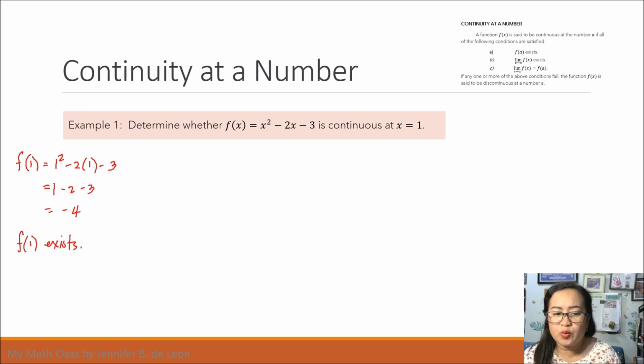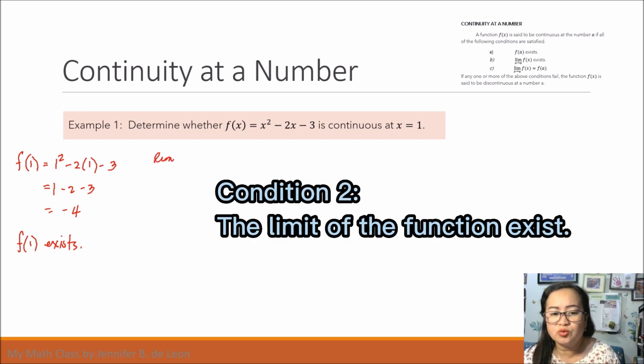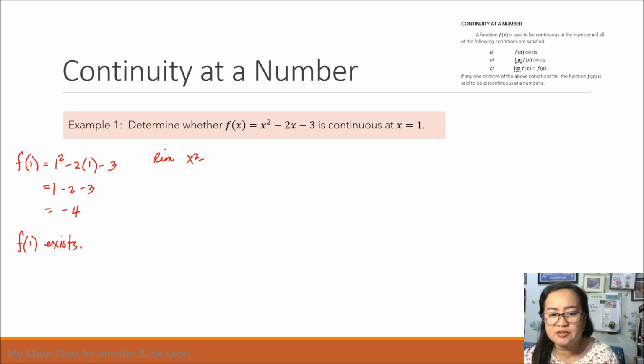Now let's show whether the given function satisfies the second condition. We show that the limit of x squared minus 2x minus 3 as x approaches 1 from the left is equal to the limit of x squared minus 2x minus 3 as x approaches 1 from the right. Now we evaluate the given function at x equals 1, so we will have 1 squared minus 2 times 1 minus 3.